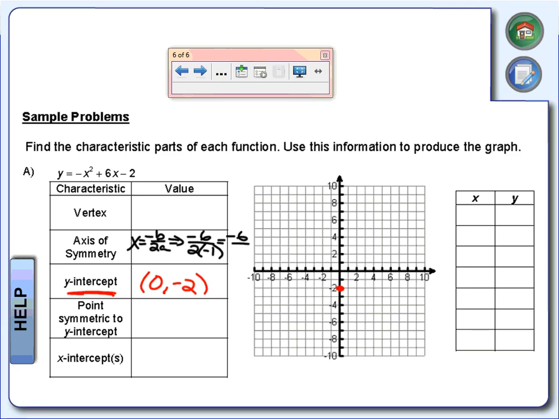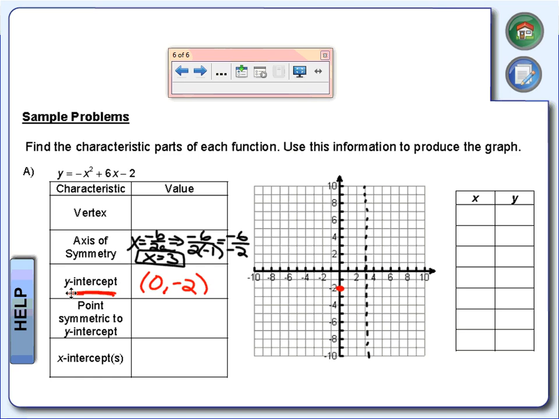Negative 6. 2 times a negative 1 is a negative 2, and negative 6 divided by negative 2 is a positive 3. So we end up with an axis of symmetry at x equals 3. I'm going to come over here and draw that axis of symmetry, and it's right here. That right there is the line that's going to cut our U shape in half. That's that line of symmetry. Notice how it goes right through 3.